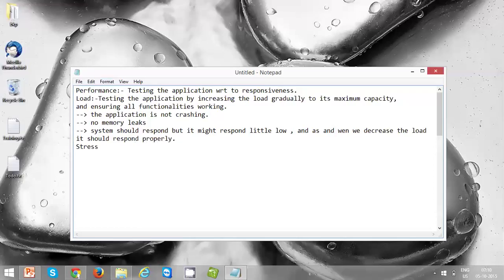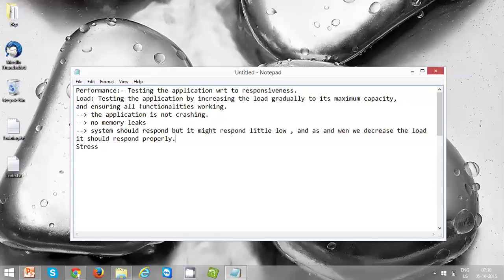So this is load testing: testing the application by increasing the load gradually and making sure the functionality is working. We have to ensure that the application is not crashing and it is not leaking any memory, and the system may respond a little slower than earlier, but as and when we decrease the load, the system should respond in a normal way.